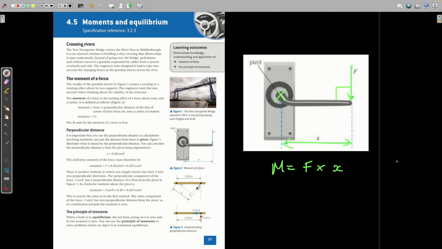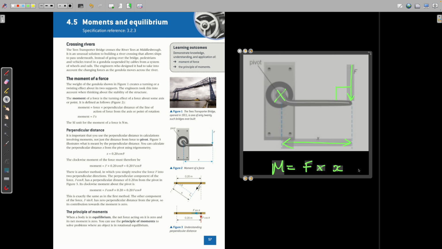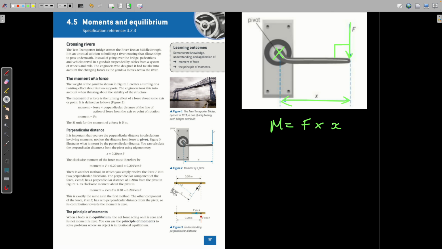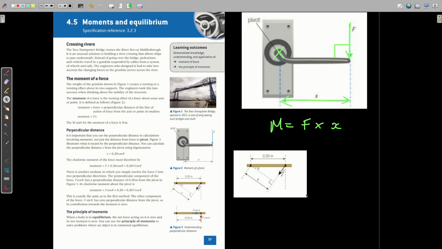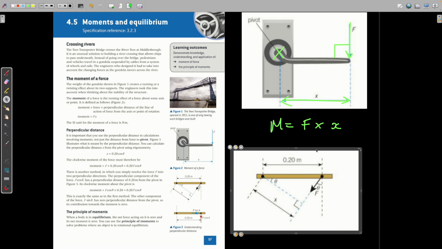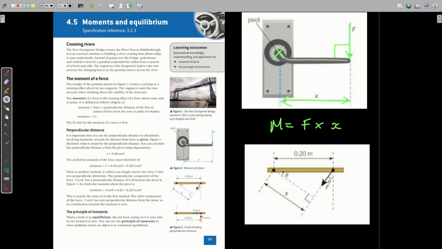But in more difficult questions, the force will not be perpendicular. You'll have to use a bit of trigonometry. So if I just get rid of that up to here and have a look at this bit. Here is one that is not perpendicular. We've got a force acting on a piece of wood, and the pivot point's here.